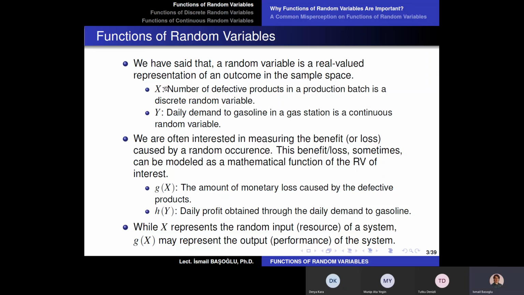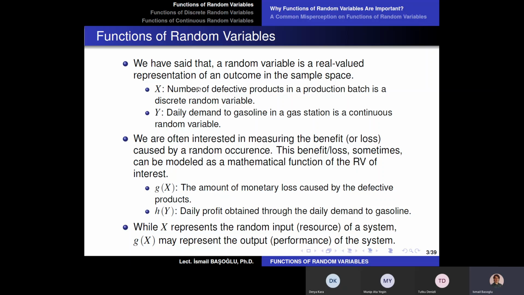So we have random inputs here. X and Y are random inputs of my system. So the number of defective products that I produce is a random input of my manufacturing system. However, I am much more interested in the random output, which is the cost of that defectiveness.